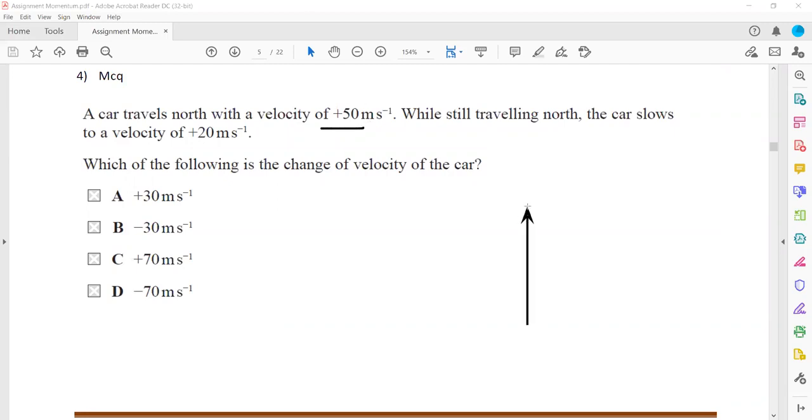While still traveling north, the car slowed down to a velocity of 20. Which of the following is the change in the velocity? So originally it was moving at 50 and now it decreases to 20, but the direction does not change. So change in velocity is final minus initial, that is equal to minus 30. So the option with minus 30 will be the right answer.